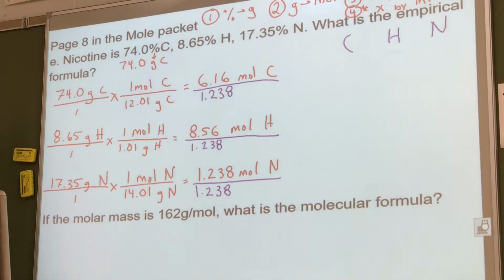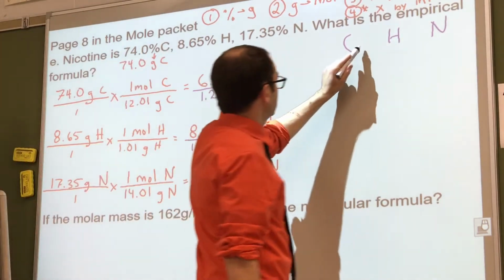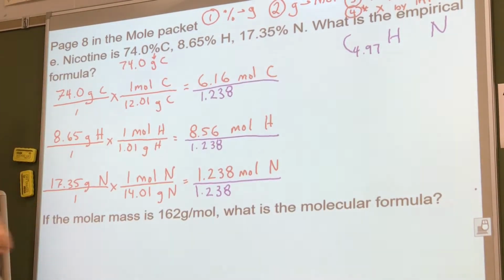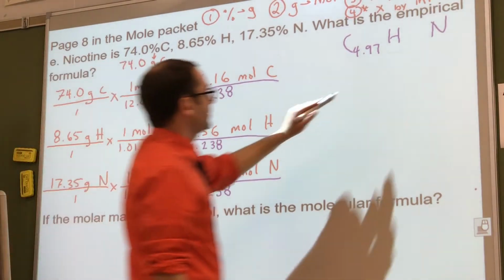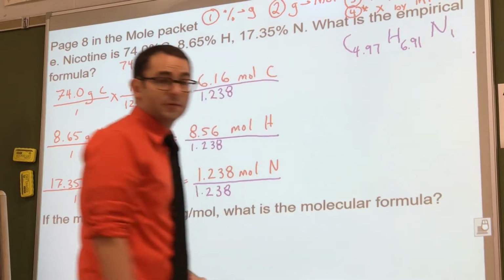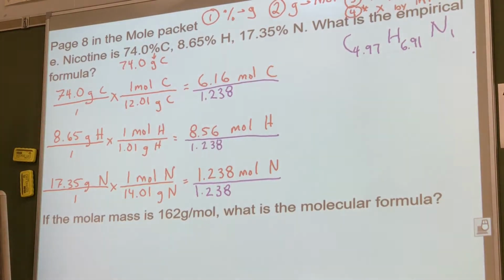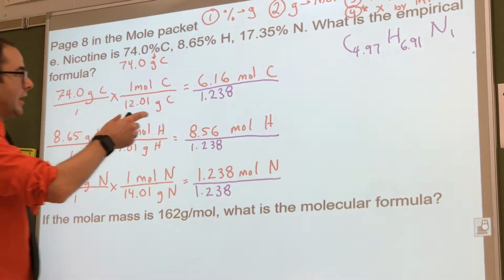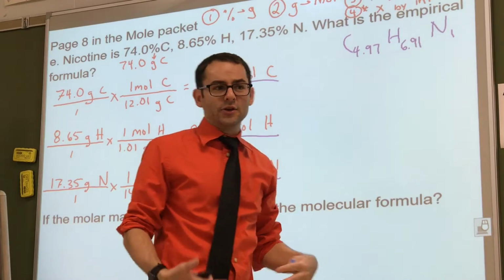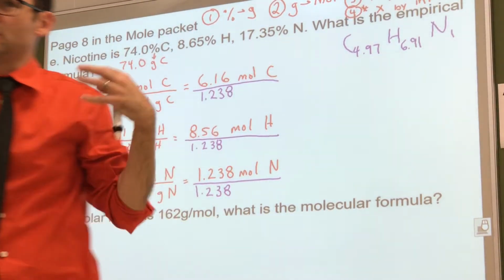All right. So when we divide by the smallest, N is 1. Carbon is going to be 4.97. H is going to be, what is that, 6.91? And then N is going to be 1. Now, this is an interesting problem because they're not any of the multiples. We can't multiply these by anything. You don't multiply it by 100 because that would make a huge molecule.